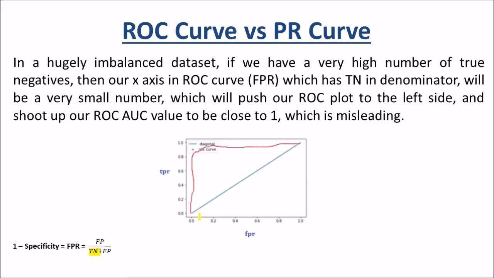And if I have a very small false positive rate, then my curve will basically look something like this, and this will basically imply that my area under the curve is very close to 1, which will be a bit misleading, because this curve is not due to a classifier being very good, but due to the data having very hugely imbalanced classes, and hence ROC curve should not be used when we have a severe class imbalance in the data.